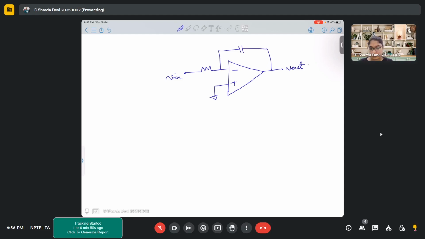This circuit by itself is not workable because the DC operating point is not established. It can be part of a bigger circuit where you have a feedback coming out, because here there is no feedback.